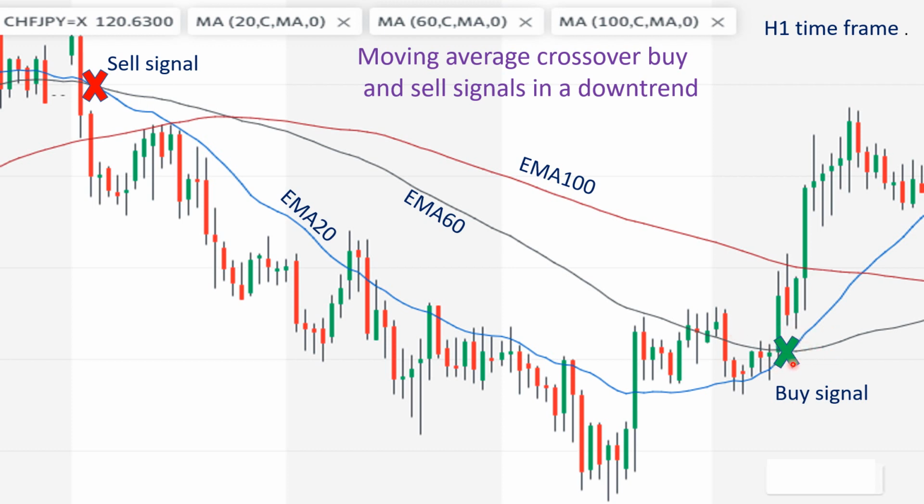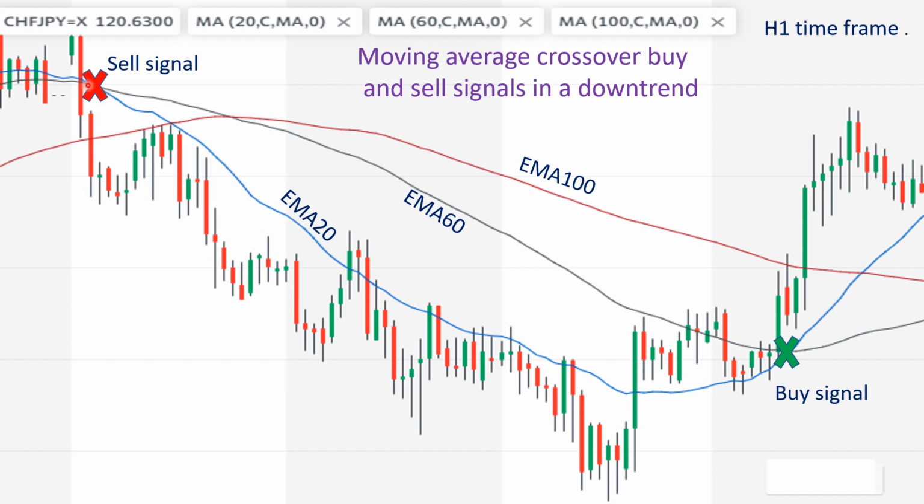If you enter the market here, make sure the price is above this cross section, and you put your stop loss 1 or 2 ATR below this cross section, below here.